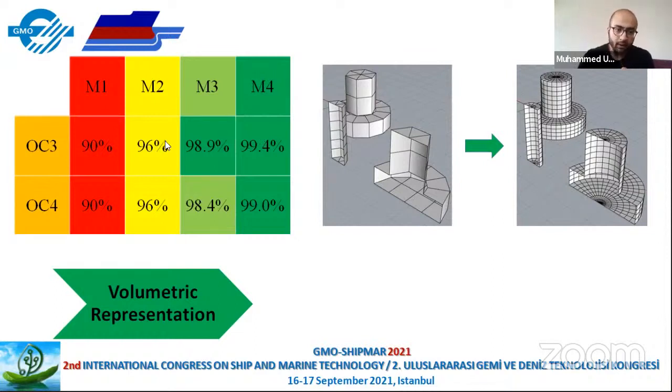For the M1 mesh, only 90% of the volume is represented, while in the M4 mesh, beyond 99% is achieved, which was the goal.